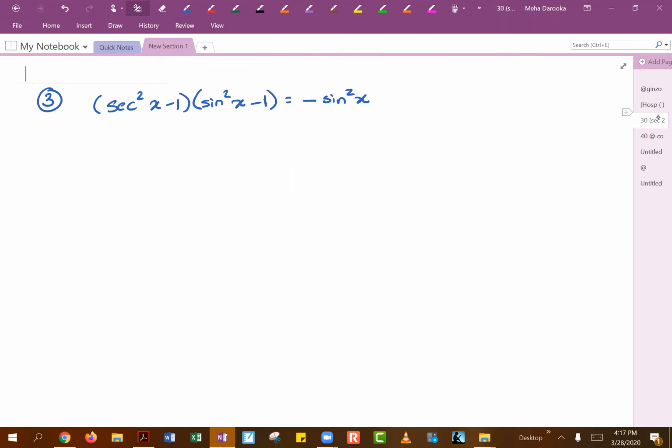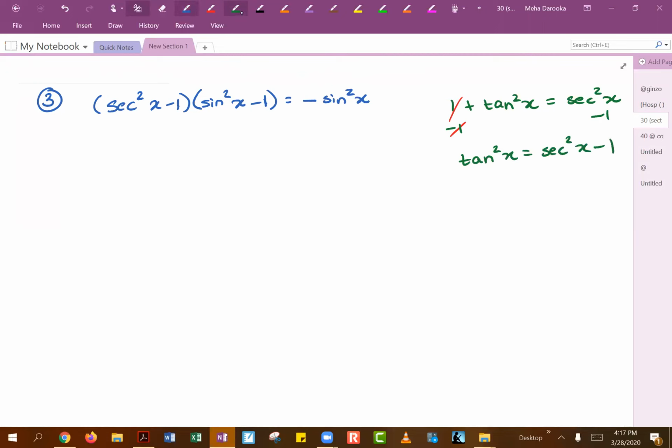Okay, so the fundamental identity we will be using here is 1 plus tangent squared of x is equal to secant squared of x. So if I subtract 1, you end up getting tangent squared of x equals secant squared of x minus 1.